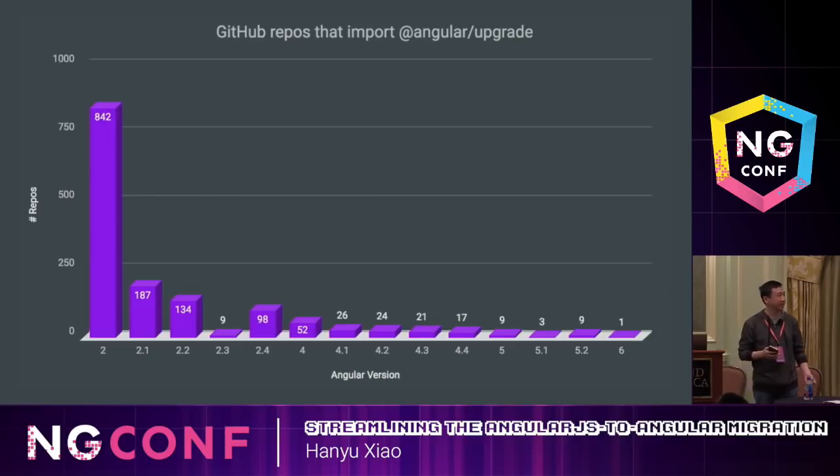Beyond 2.x, it's really insignificant. And that's concerning, right? It probably means that most of these 2.x projects are inactive as of March this year, right? It's been a long time. It probably has been abandoned for various reasons. But could it be that they couldn't even finish the upgrade, right?